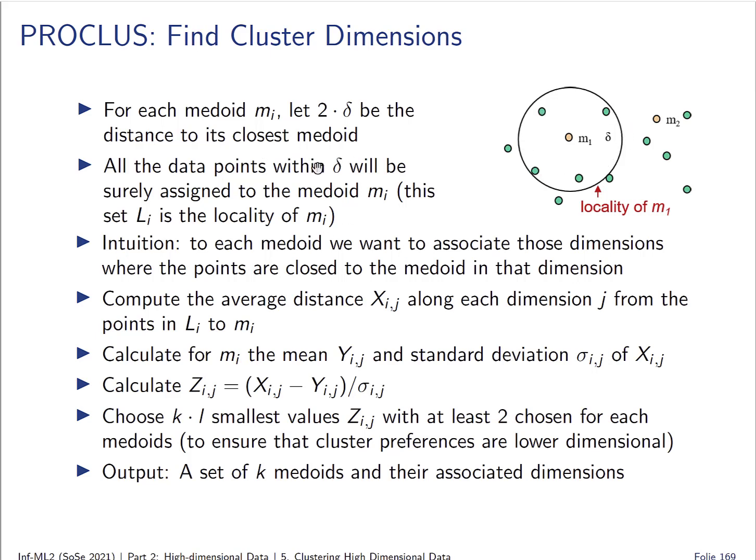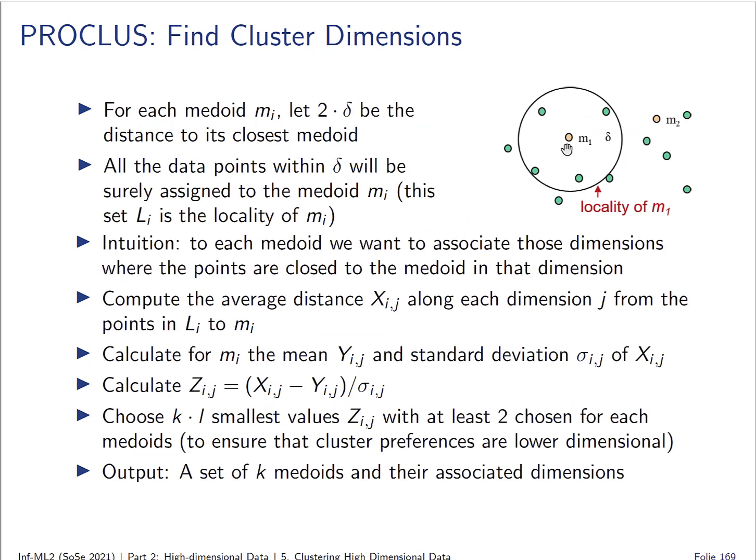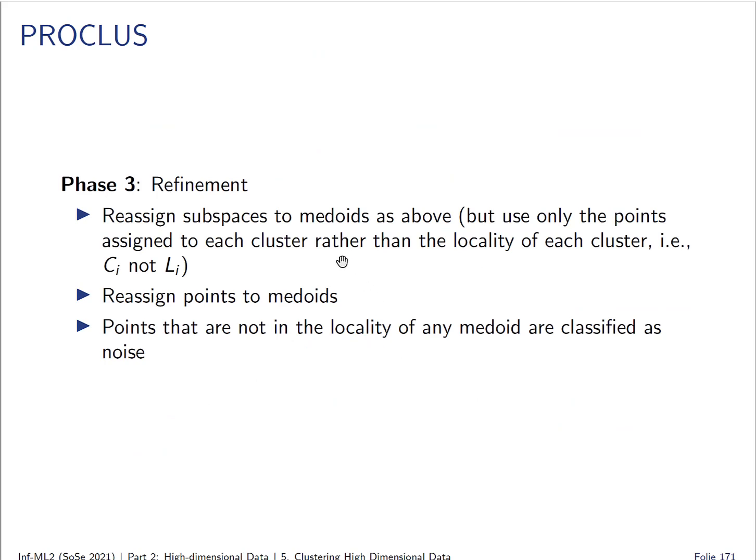And only in the very last step, when we are almost done, we again compute the locality, but now based on the relevant features of each medoid. So in all the other steps, we always compute the locality based on the entire feature space, and based on the locality, we compute the relevant features.